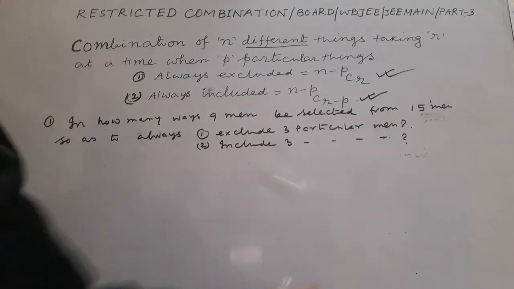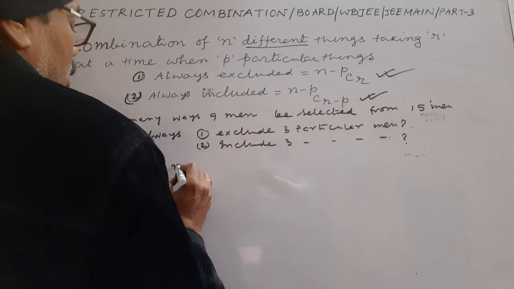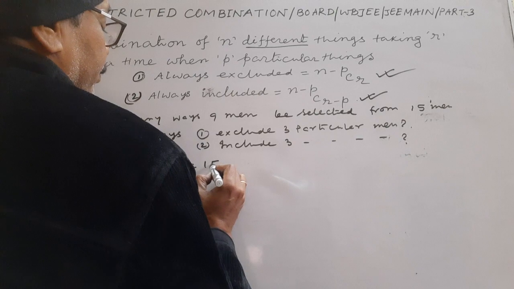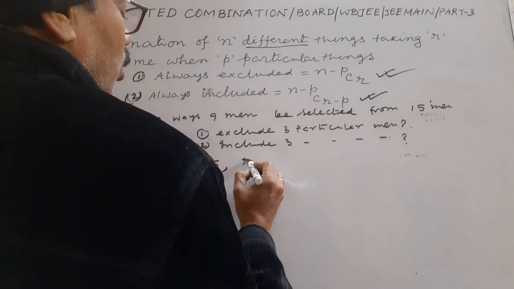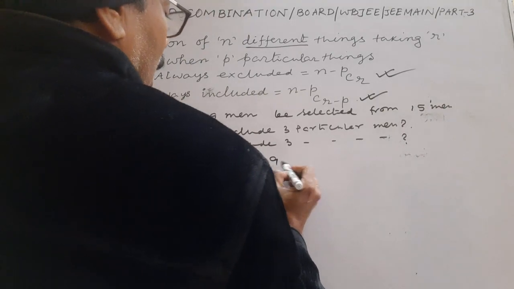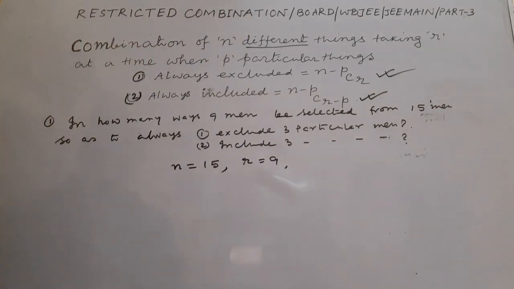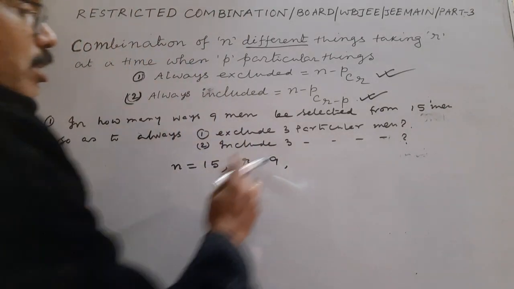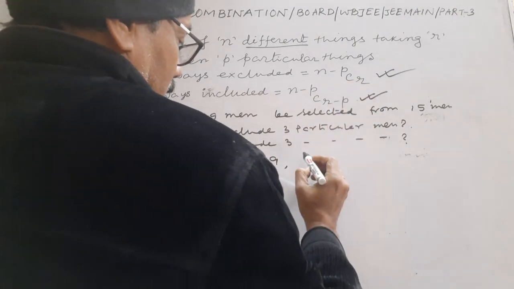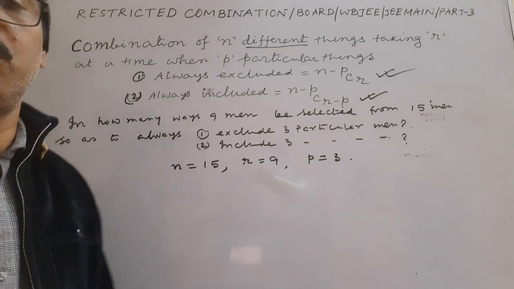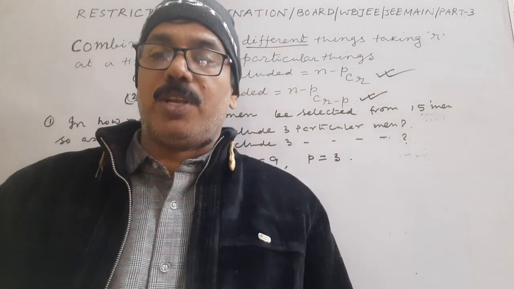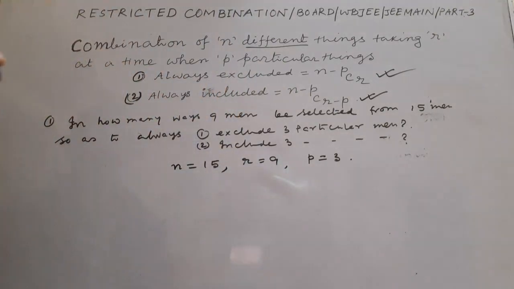So look, total number of men, n equals 15, and we have to select 9 at a time, so r equals 9. Number 1, exclude 3 particular men, so p equals 3. You have to recall only the formula.